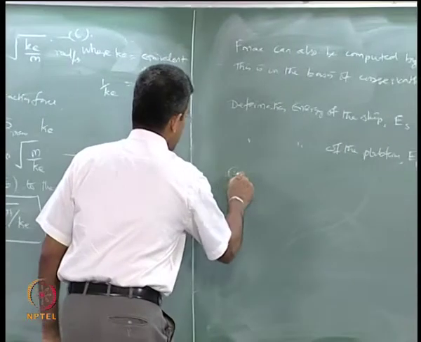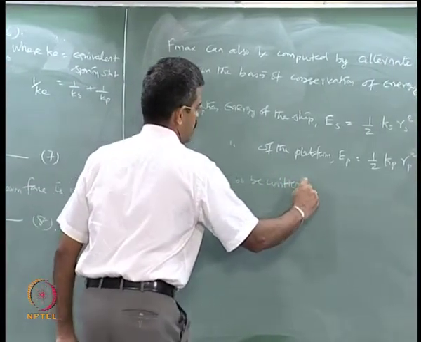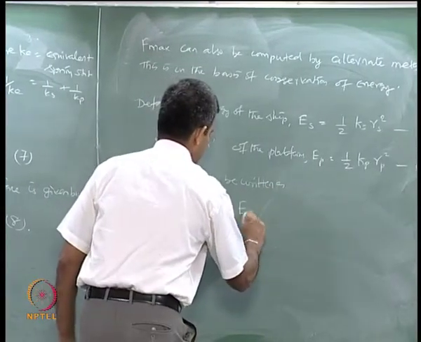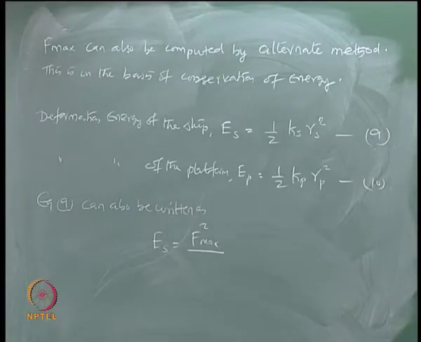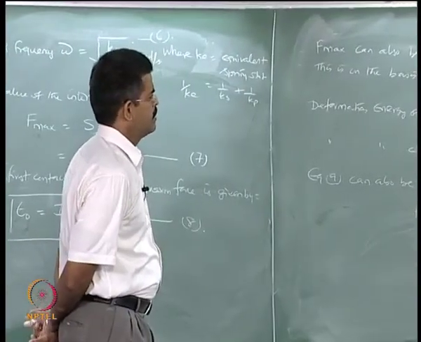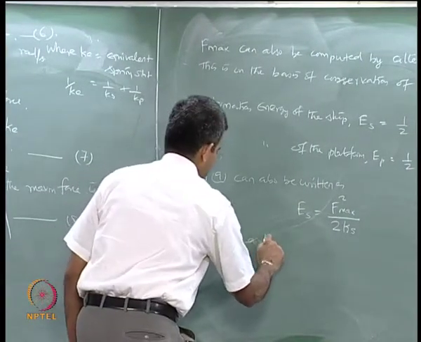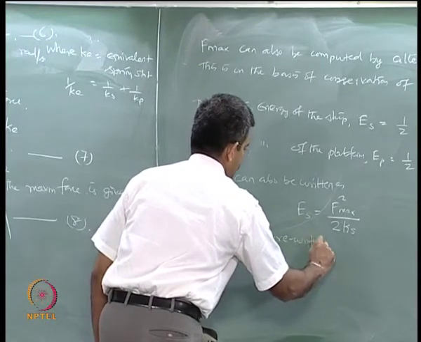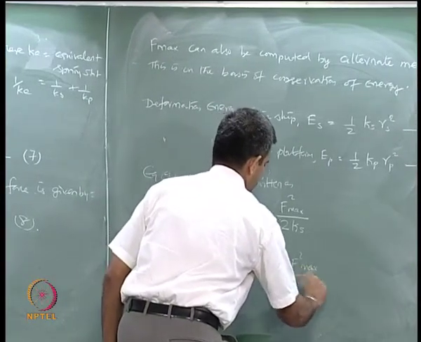So, equation 9 can also be written as ES is F max square by 2 Ks. Similarly, equation 10 can be rewritten as EP is F max square by 2 Kp.